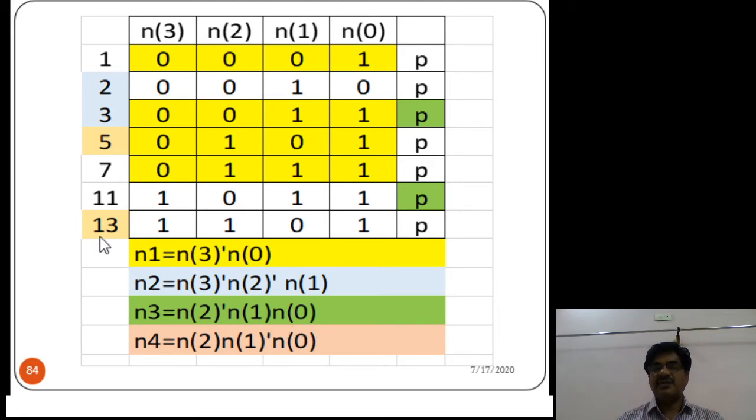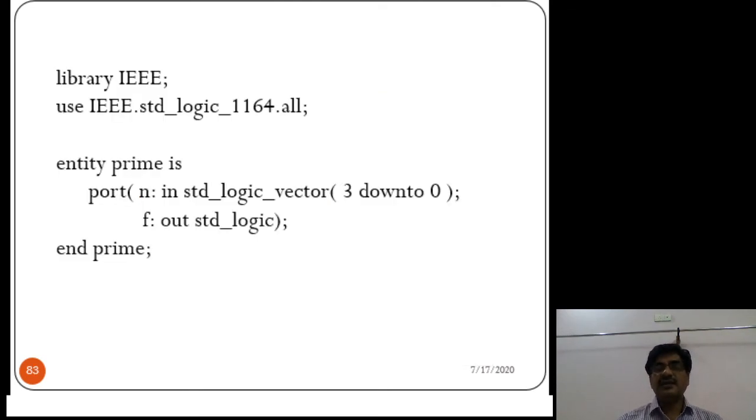Similarly, by observing the pink color numbers, that is 5 and 13, this is the Boolean equation. Now, using the variable assignment statement, I am going to implement these Boolean equations in the program. Let us see the entity declaration.